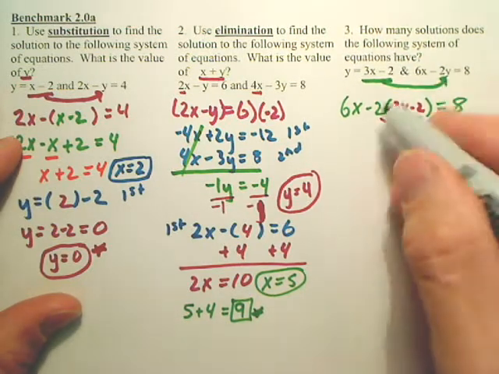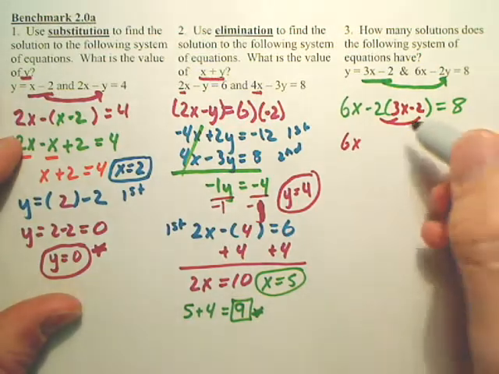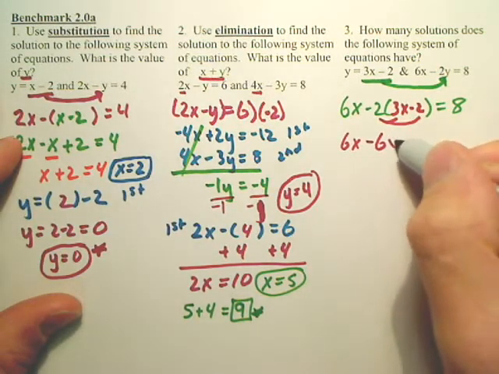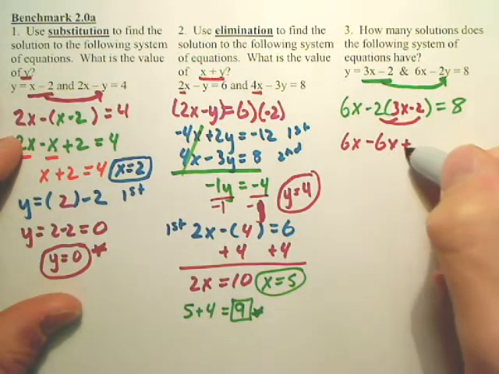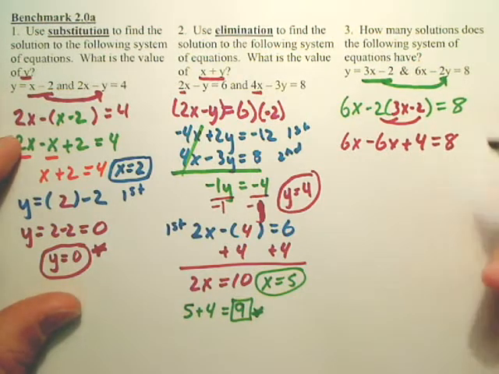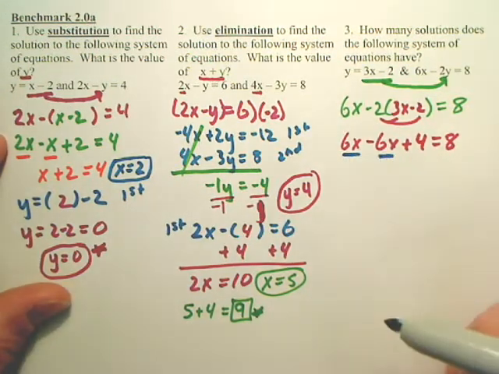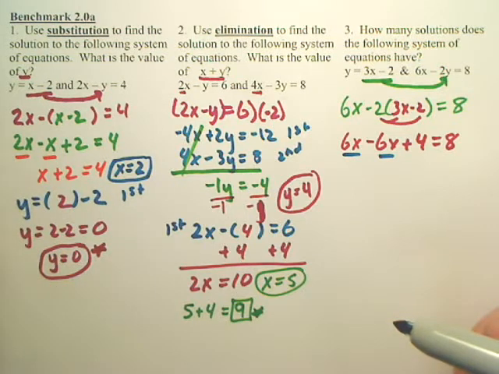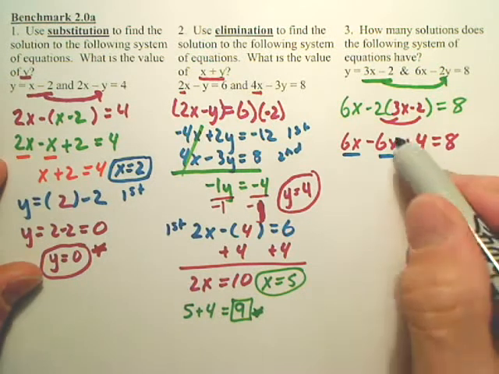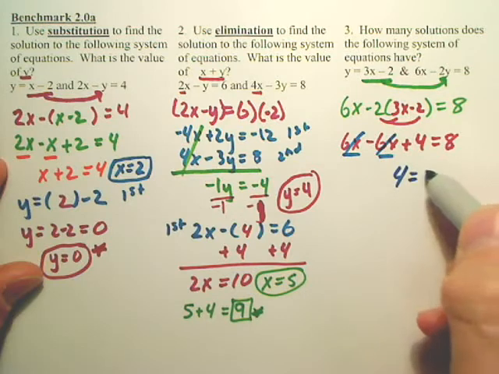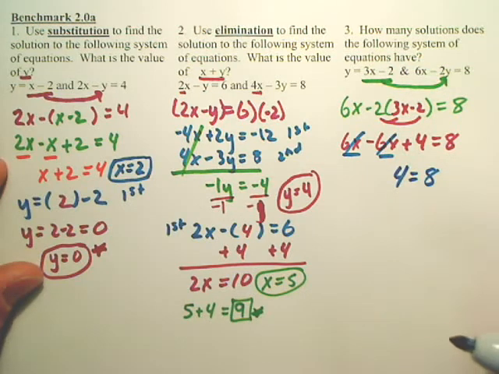And when you distribute this, first write the 6x, that becomes negative 6x, that becomes positive 4. Now, these two are going to cancel, which right away tells you it's either no solutions or infinite. What's left is 4 equals 8.